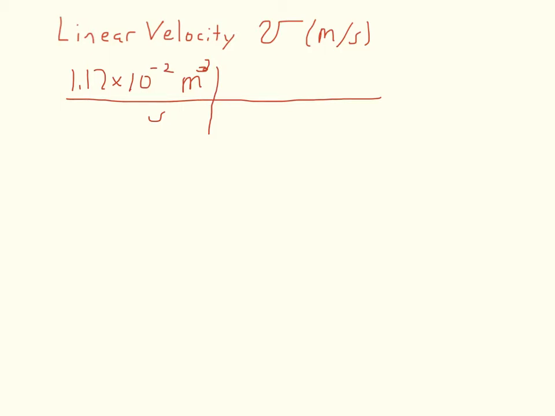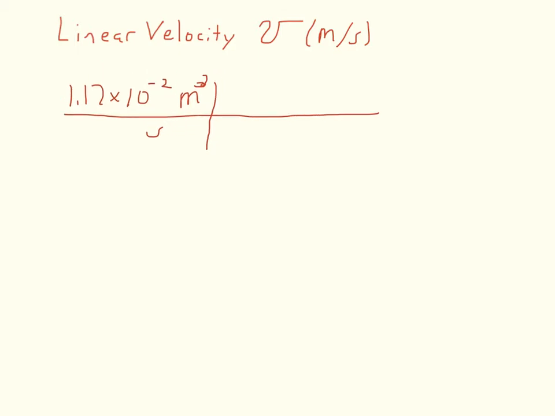So the diameter of the pipe was 10 centimeters. That's the inner diameter, that's what we want. And I can either use pi r squared or pi d squared over 4. Since it's so easy to divide 10 by 2, I'll just use the radius then.